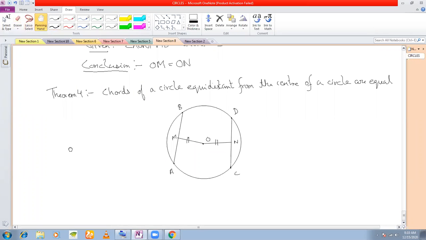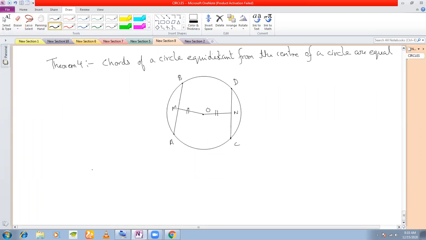So clearly what is given here? In the last theorem, it was given that chords are equal and the distances are equal. But here it is given that distances are equal, that is OM is equal to ON.